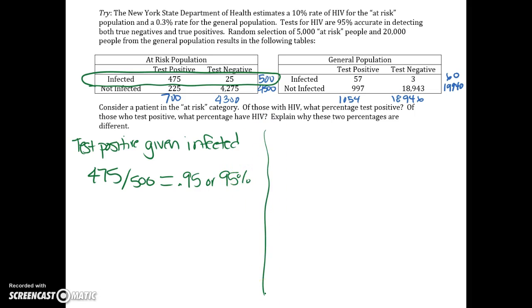The second question says, of those who test positive, what percent have HIV? So for this question, we are looking at this column of information, which is going to give us a slightly different result. Here again, what we are looking for is what percent have HIV, given that the test was positive, or infected, given tested positive.